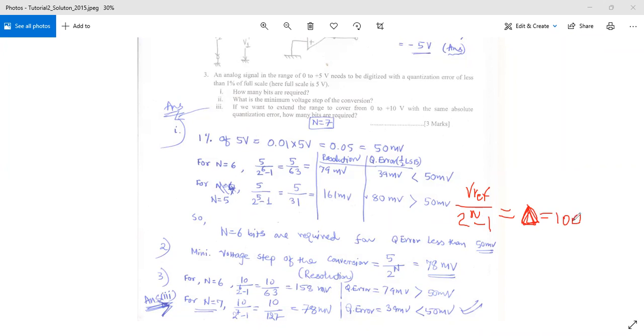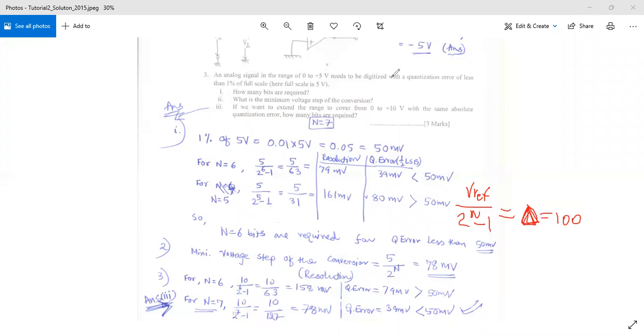Our Vref is 10 volt. In place of Vref, we substitute 10 and solve for n.